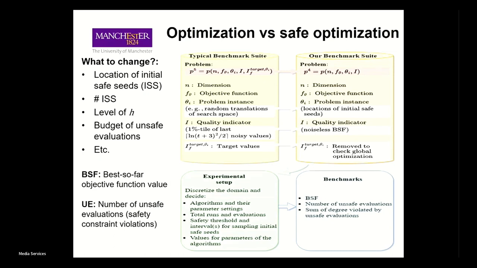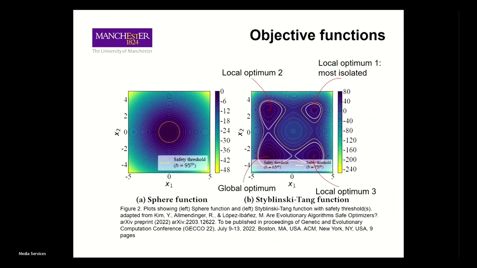In our study we change the location of the initial safe seed, which means the input points already known to be safe for algorithm initialization, as well as the number of initial safe seeds, the level of the safety threshold, and the budget of unsafe evaluations. Here are the two objective functions we use for our experiments: the unimodal sphere function and the Sibling-Extent function.